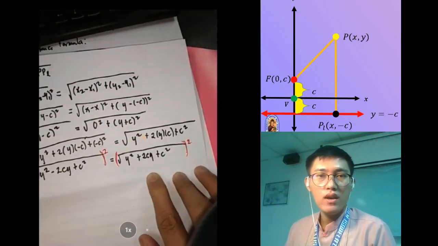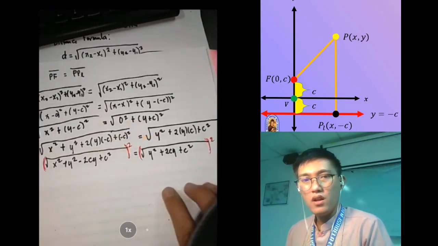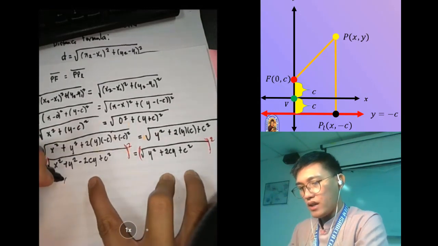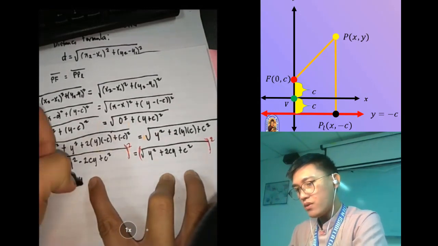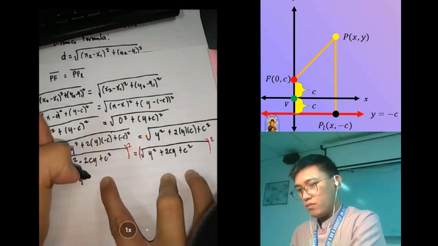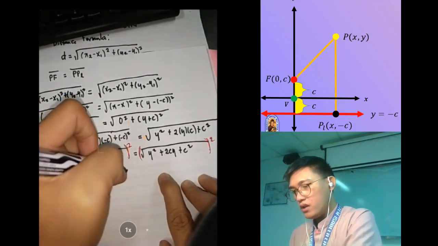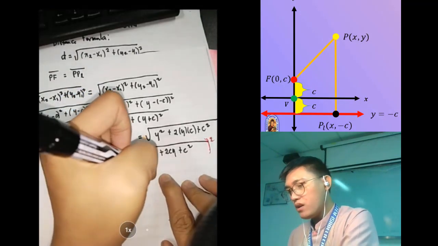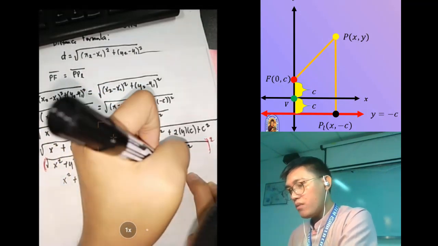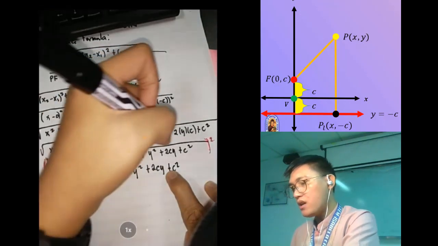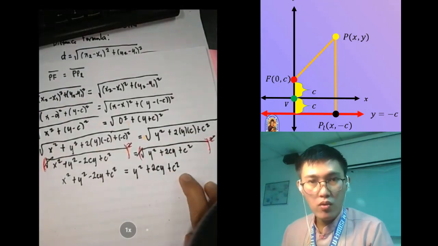Alright, so we have already squared them both. Now we have x squared plus y squared minus 2cy plus c squared is equal to y squared plus 2cy plus c squared, because the square root symbol has already been removed by the square.